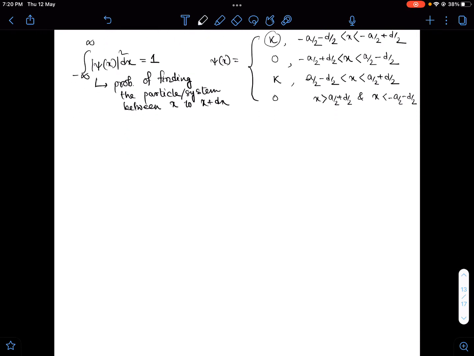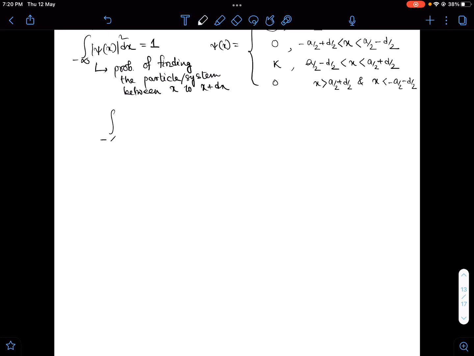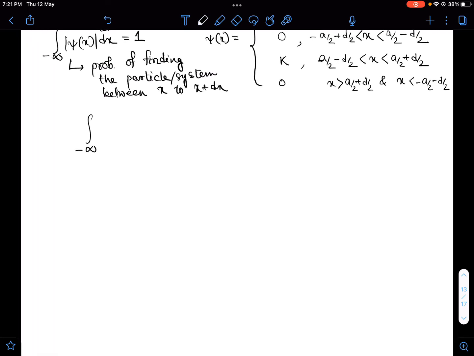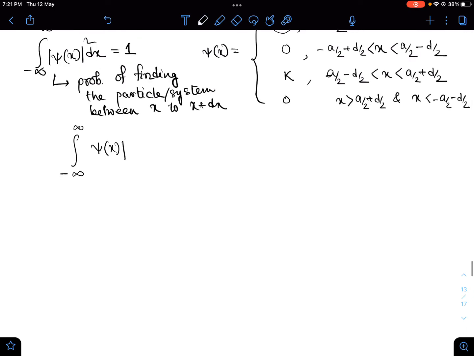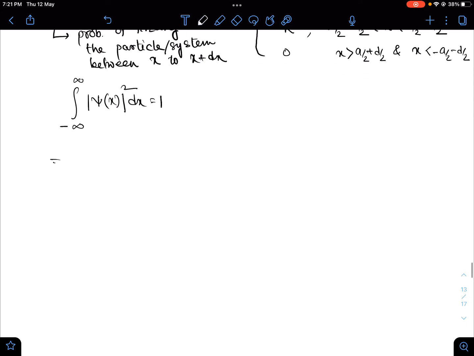So let us proceed. We have the integral from minus infinity to infinity of psi(x) squared dx equal to 1. Let us evaluate this.